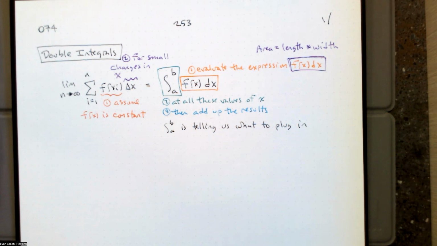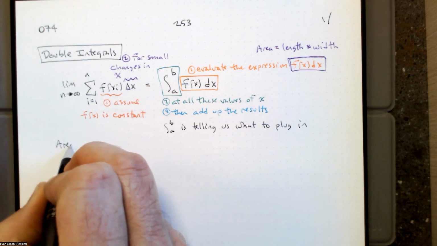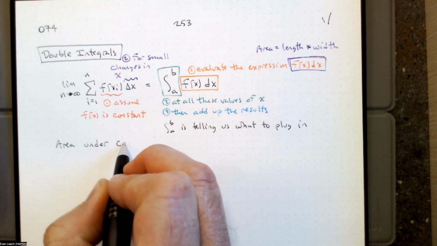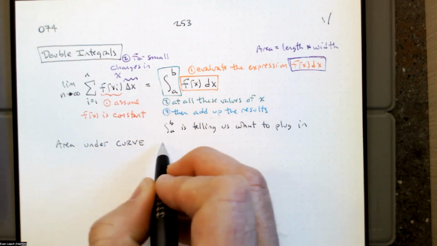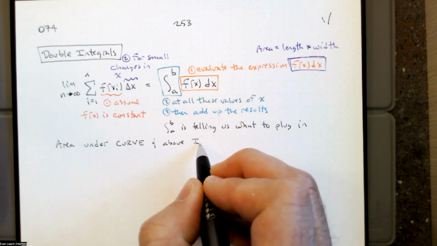That's the part of the description that we want to grab onto, because we're upgrading this problem today. We know that this can be used to find the area under a curve and above an interval, the interval that we're trying to plug in. So this is going to give us the area under the curve and above the interval.